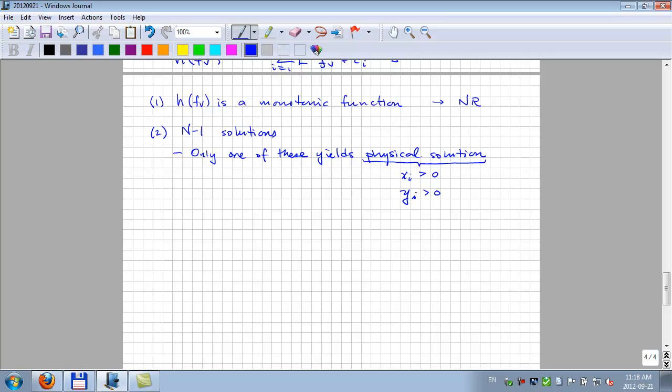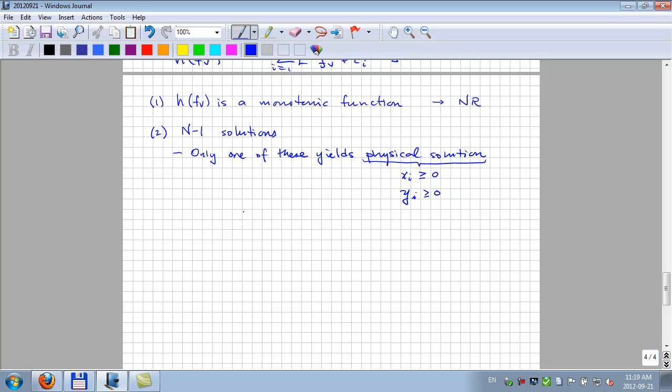Whether they can be 0, I don't know, but they're at least non-negative. Maybe they have to be positive, but there's only one of those solutions that will give us a physical result, and that solution happens to be known a priori.